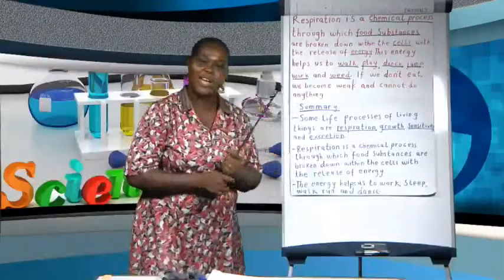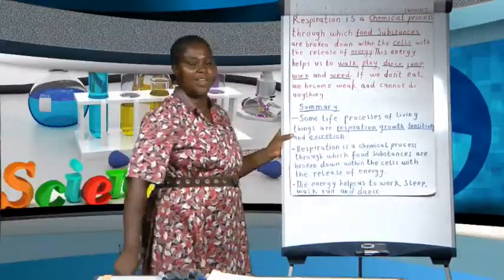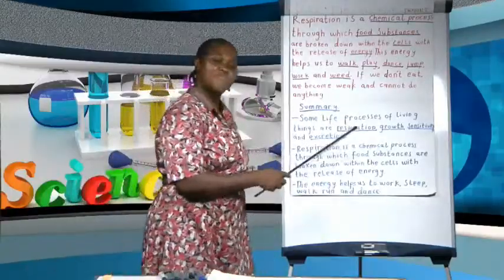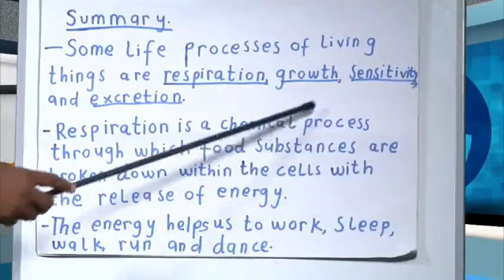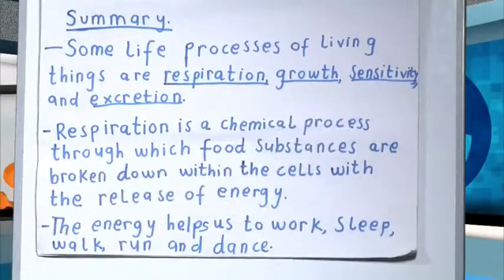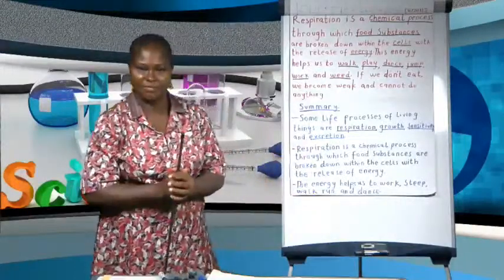Let's look at what we have learned. Children, we have learned that some life processes of living things are respiration, growth, sensitivity, and excretion. Now we looked at respiration.